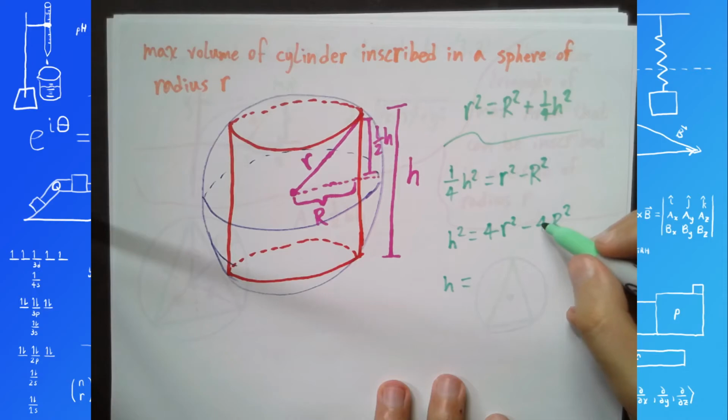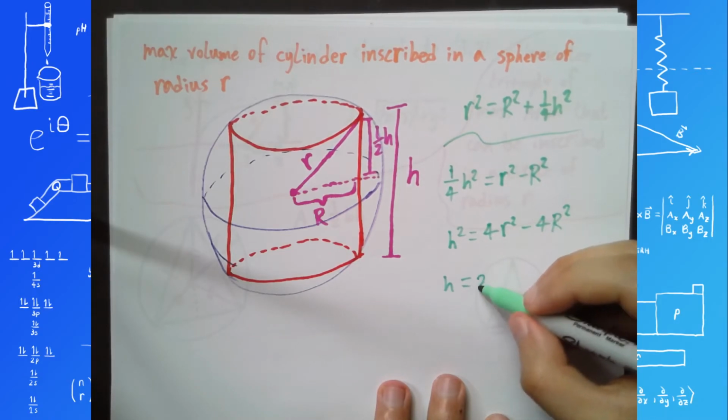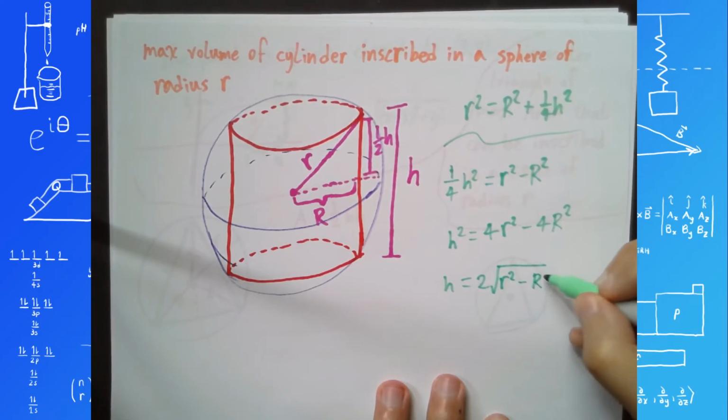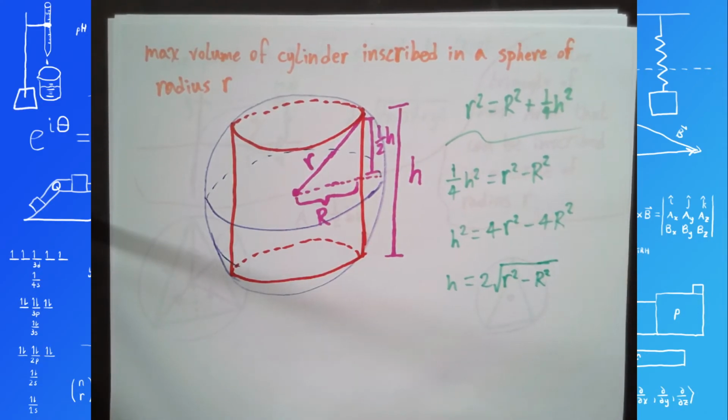So, if I factor out the 4, square root of 4 is 2. So 2 square root of little r squared minus big R squared, where little r is a constant.